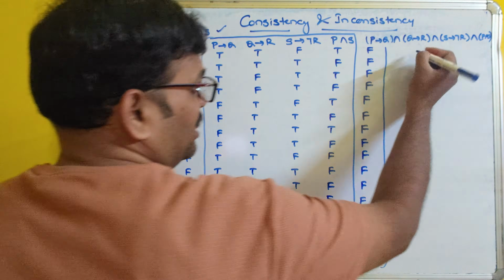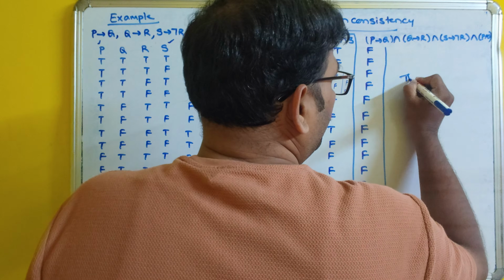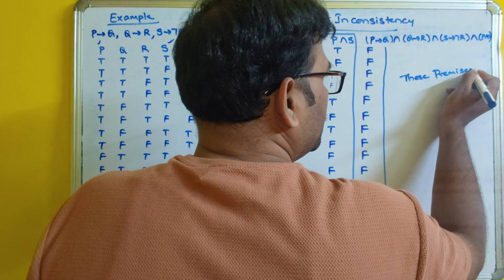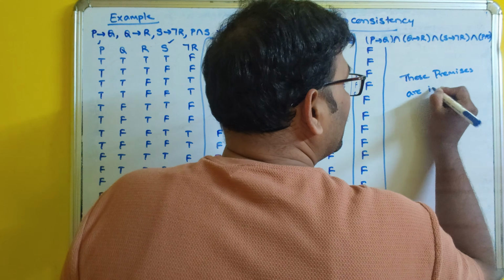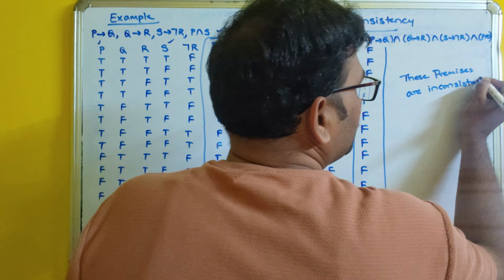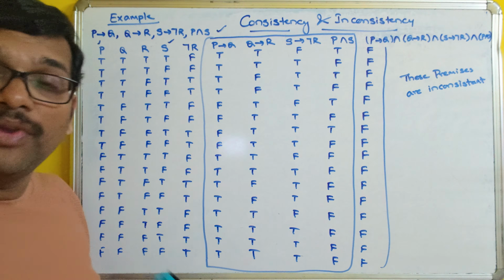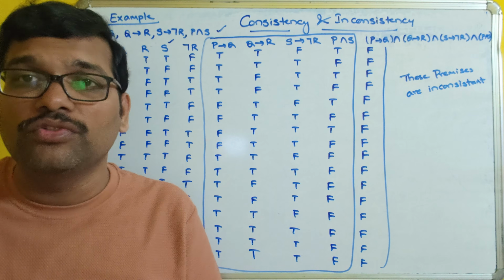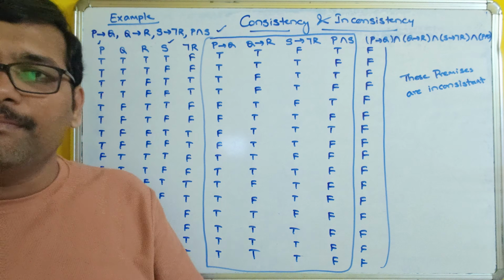In such cases we can say these premises are inconsistent. So we can't derive any kind of solution or conclusion from the given premises.